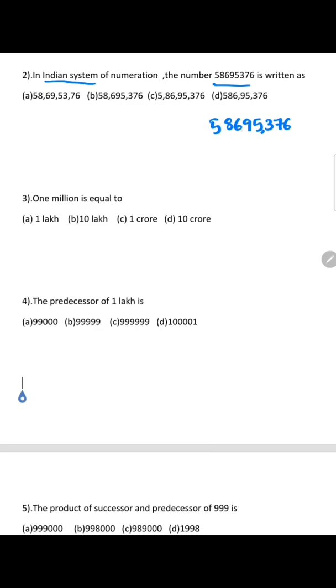Then we will leave 2 digits and place the second comma. After that, again we will leave 2 digits and place the third comma. So this is how we write this particular number in the Indian system. Therefore, the correct option for this question is C.